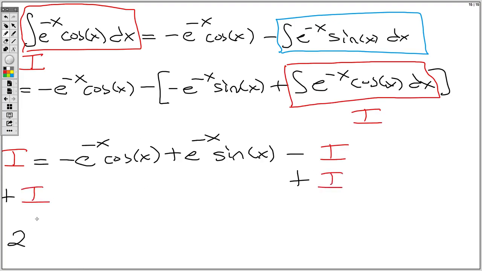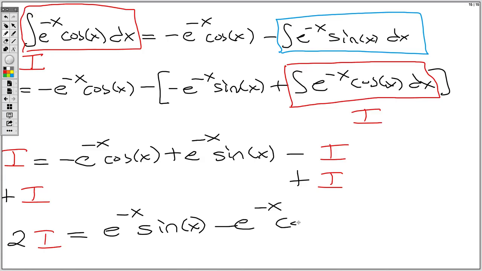So I'd have 2 times I equals this. And I'm going to go ahead and put the sine part first because it's positive. And so then to get what I is, I just have to take both sides and divide by 2. Is everyone okay with that algebra there?